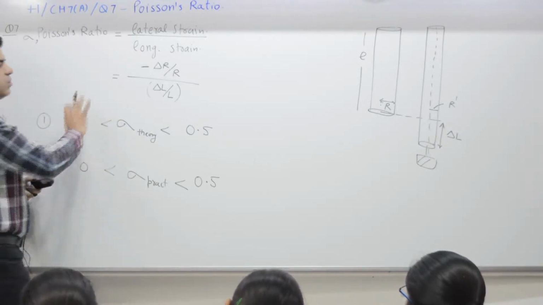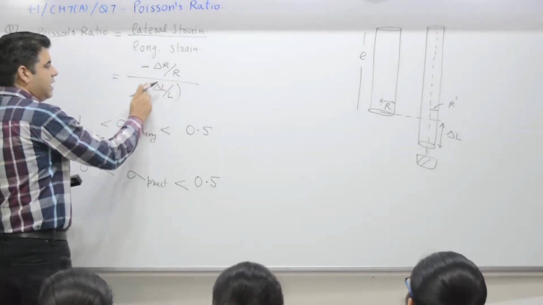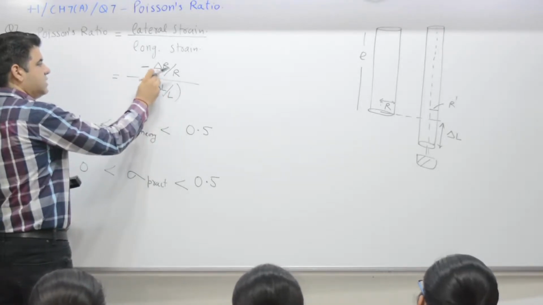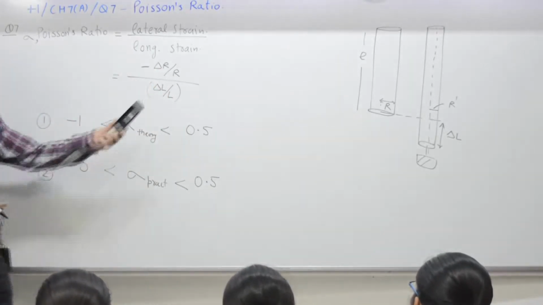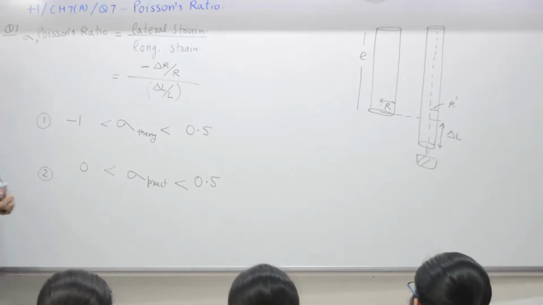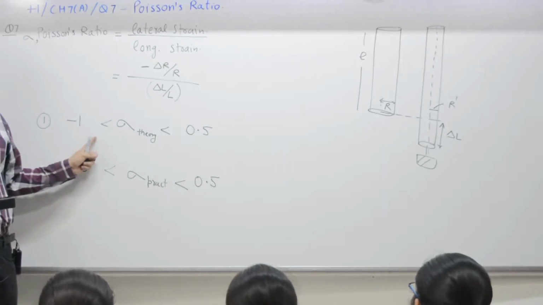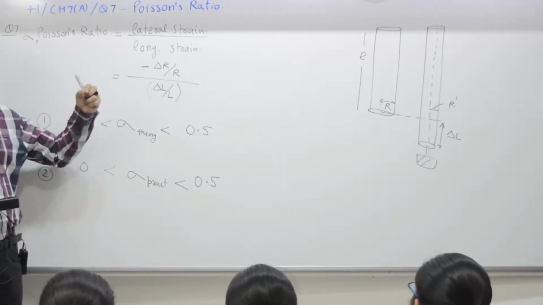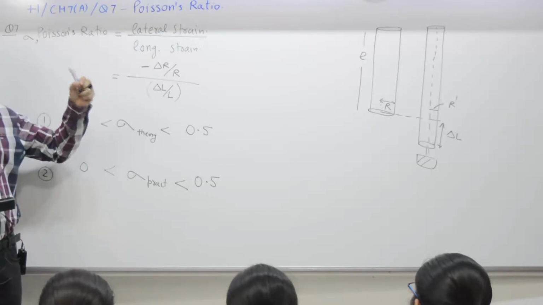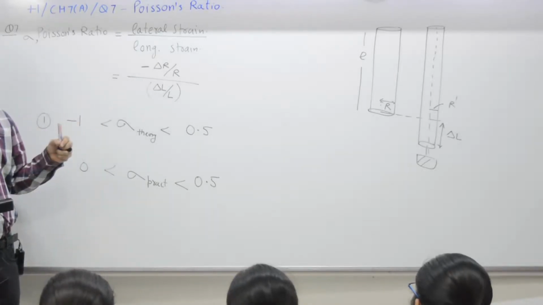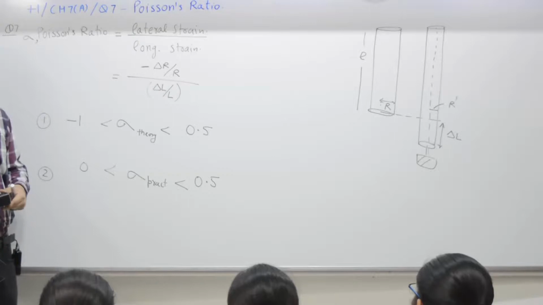When its value is positive, delta L by L is positive, delta R by R is negative, and negative and negative is positive. This is what is shown in the diagram. As per theory, there will be in future some material that when you apply force, its length will increase and its radius will also increase.